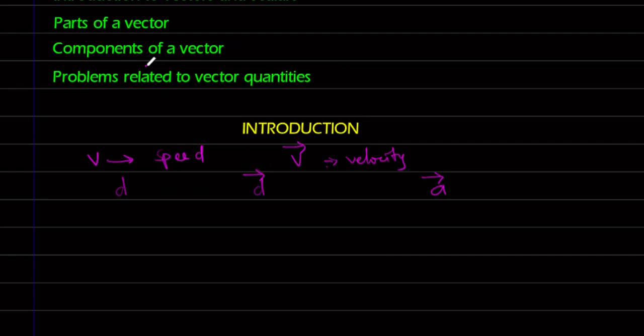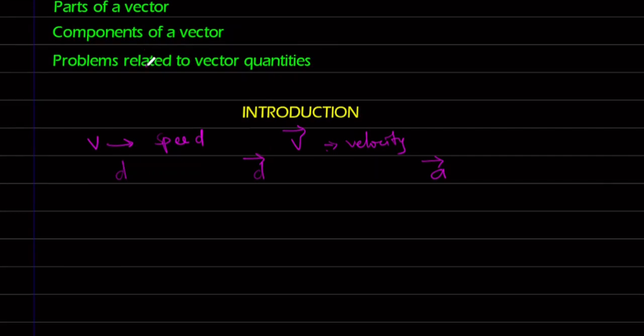Now, how do we write vectors geometrically, or how do we draw a vector? Like we have said, a vector has magnitude and direction.